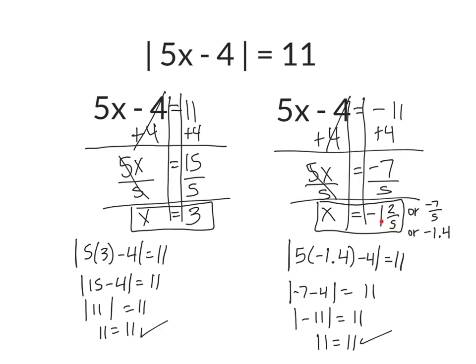It's still a number. Some of you get a little nervous if you have a fraction answer, but you can get fraction answers. The important point here is that you have 2 answers for what x equals, both when it's positive on the inside and when it's negative on the inside. So make sure that you had these 2 options.